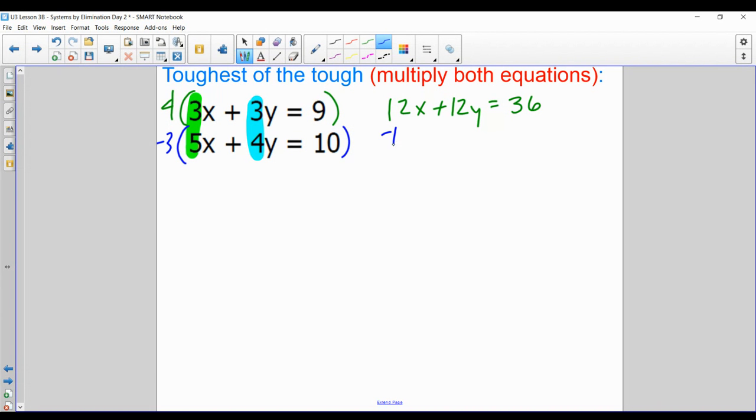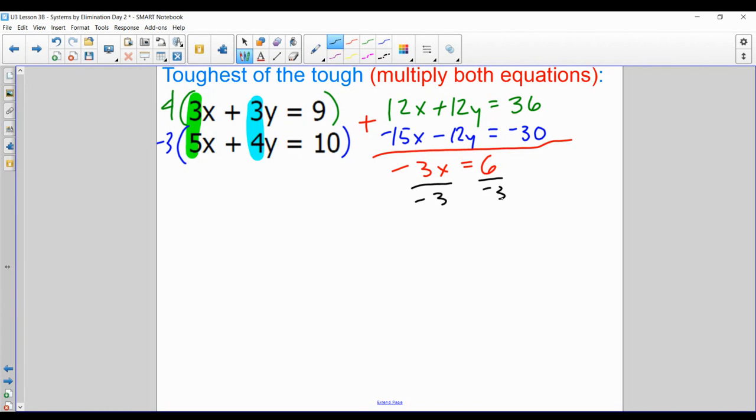So I'm going to get a -15x and a -12y equal to -30. Now I can add these together because my y values are an opposite pair, so that when I add the two equations together, I'm going to get -3x equals 6. When I divide by -3, I'm going to get that x is -2.